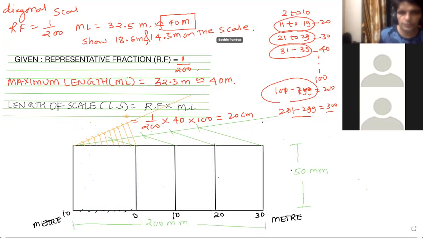So up till now, any doubt? So we have divided this into 4 parts because it is 40 meter. Then divide the first block into 10 parts. Now what I can do, I can join this.